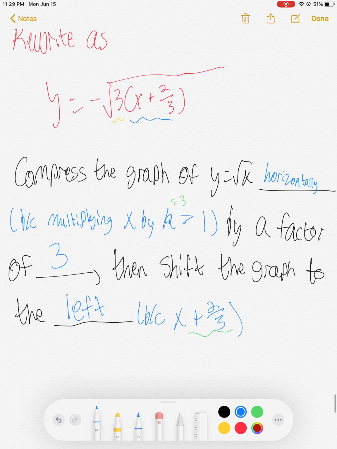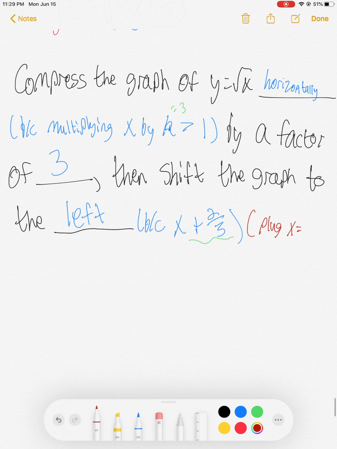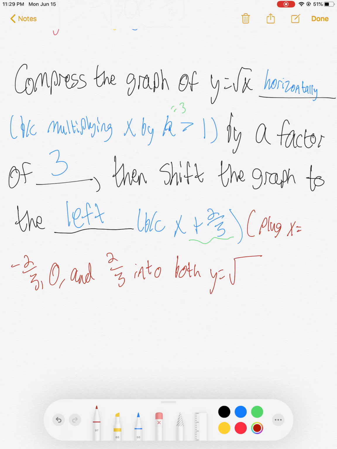To see why this is true, if we were to ignore the plus 2/3, then, how do I say this? I think that the best way to see this is to play around with it a little bit yourself and plug in some points. So I'll encourage you, let me give you a few points to look into.